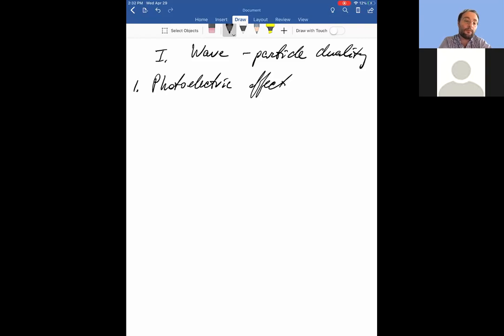And second, light above this frequency did dislodge electrons from the metal, and now increasing intensity did not increase the energy of the liberated electrons, but it did increase their number. So these facts are surprising in light of the wave nature of light.